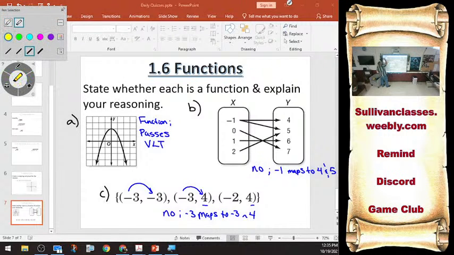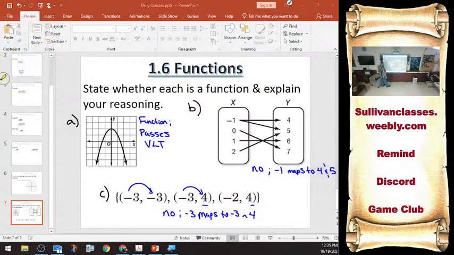So here's what I'm going to do. Yes, no, no, or function, not a function, not a function. And then because these two had essentially the same answer, just different numbers, they both had an x that mapped to more than one y. I'm going to call that a point, and I'm going to call the vertical line test a point. Okay?